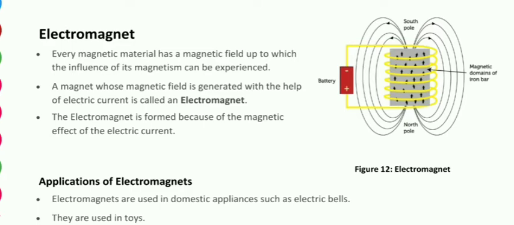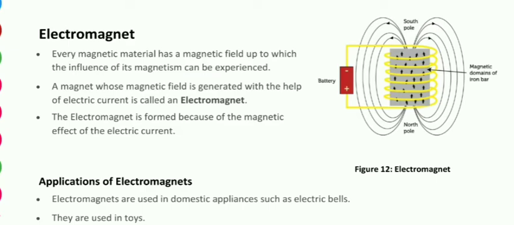I told you earlier, a magnet whose magnetic field is generated with the help of electric current is known as an electromagnet. Look at the word itself. Electromagnet means magnet due to electric current. So here also the same thing is happening. This one is an electromagnet.